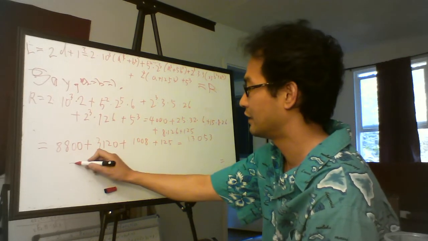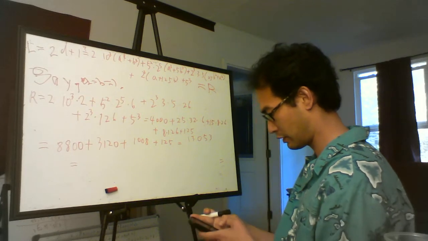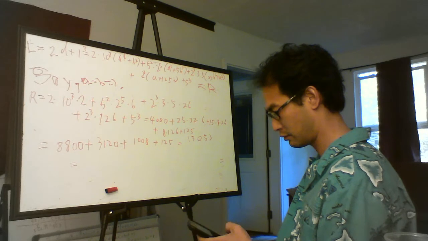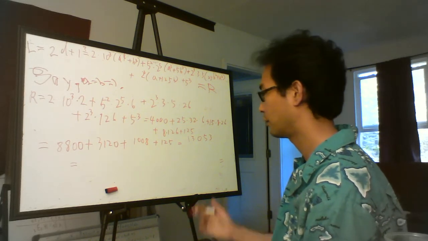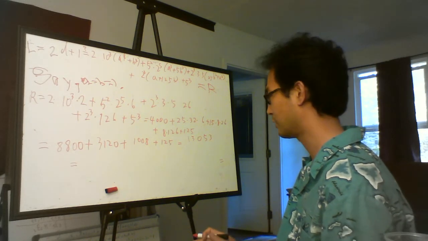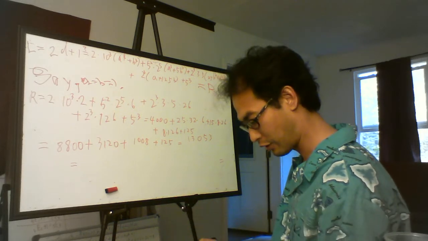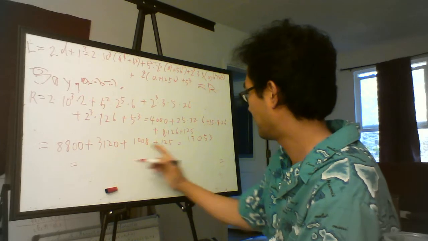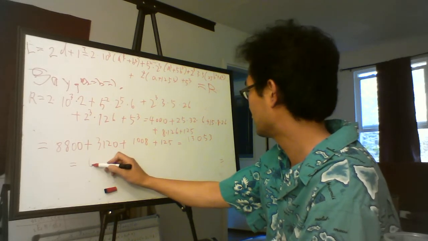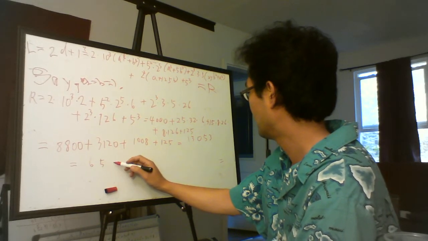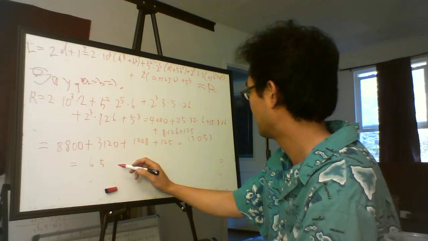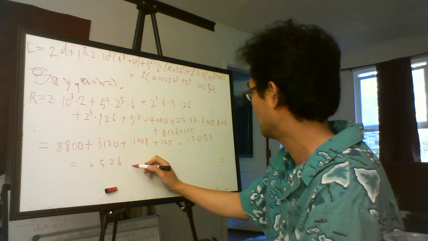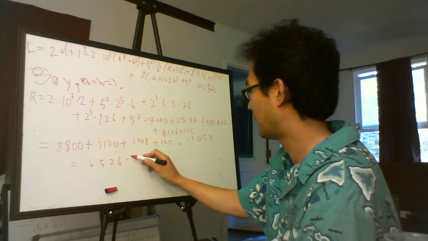So what's D? Let's divide by 2. We don't have to use a calculator for that, but we can double check. Divide by 2, so 6,526, multiplied by 2 plus 1.